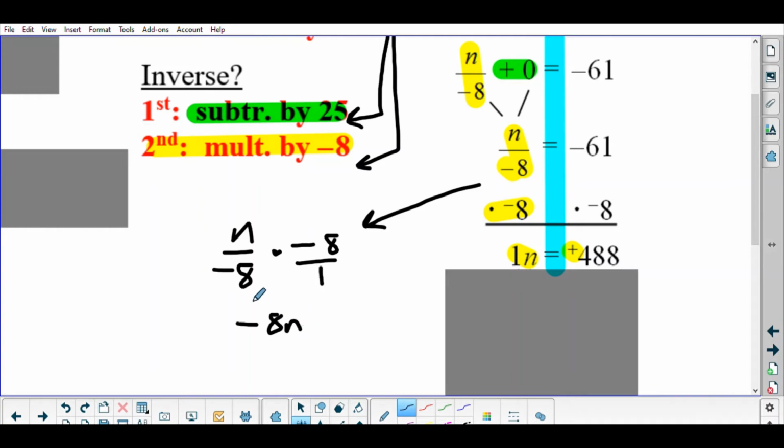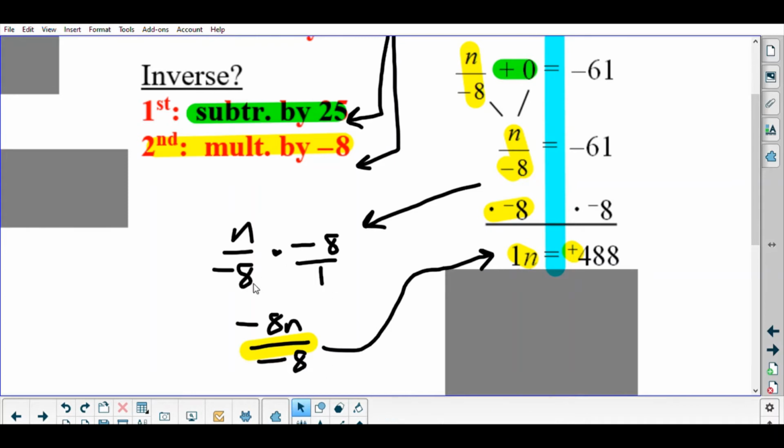And then the denominator, -8 times the denominator of 1, would give you -8. And then from here, you can reduce. The fraction bar technically means to divide. And -8 divided by -8 would make, that's right, would make 1. And you would get 1n.